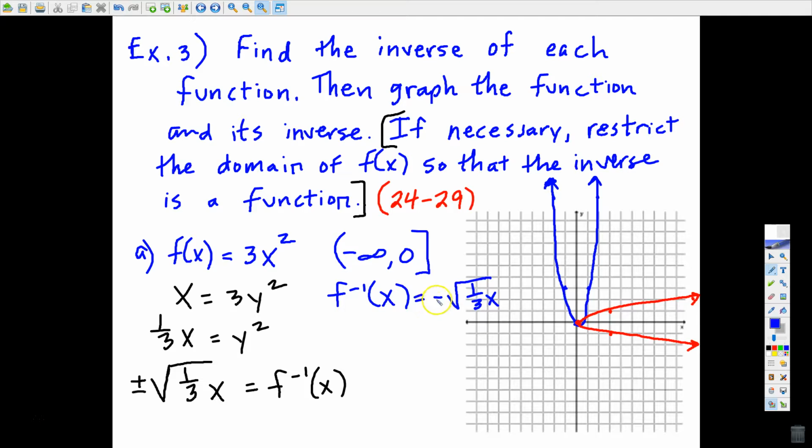The negative is the one that extends below the x-axis. I just need to get you to see, how do we know it's the negative one? Well, again, if you can visualize picking this up and flipping it over, this half corresponds to this half.